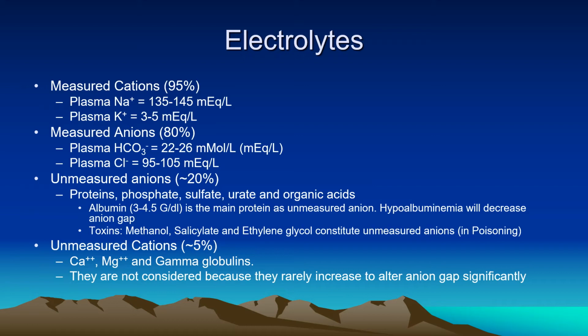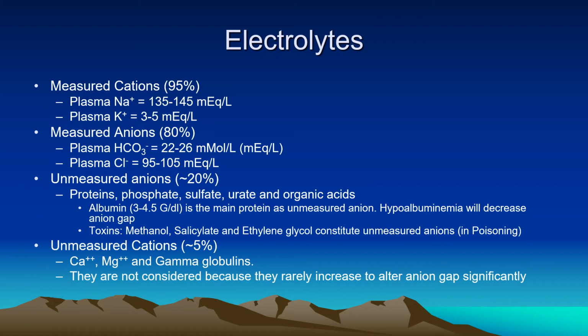The measured anions, which constitute about 80%, are plasma bicarbonate and plasma chloride. Unmeasured anions, which constitute about 20%, include proteins, phosphate, sulfate, urate, and organic acids.